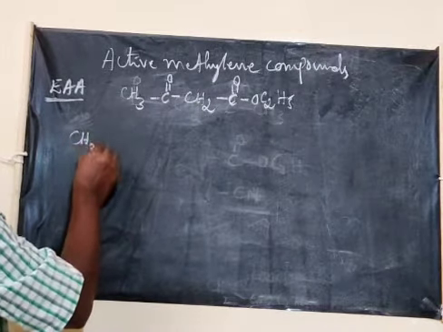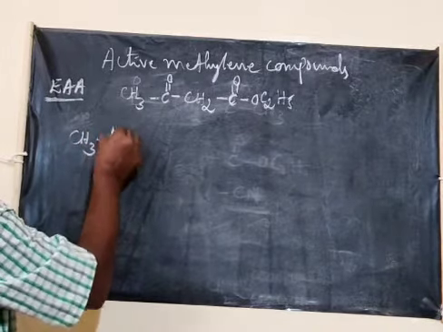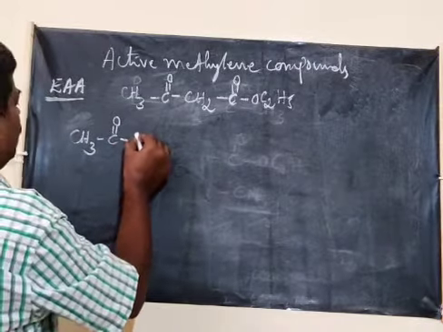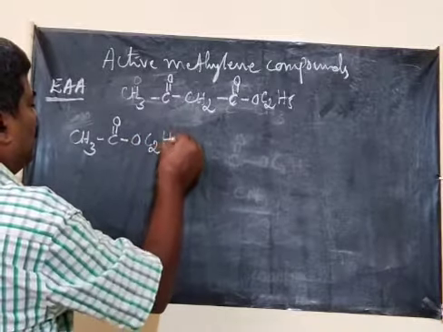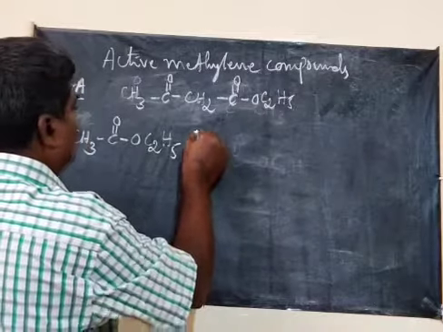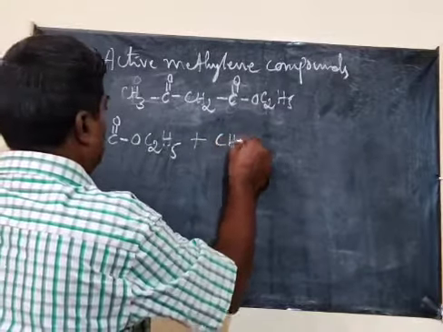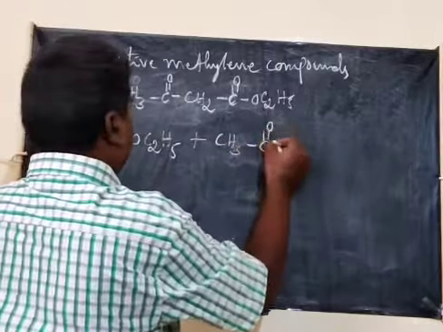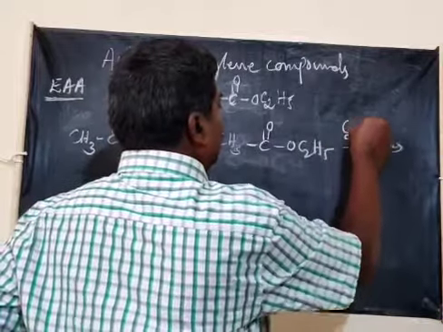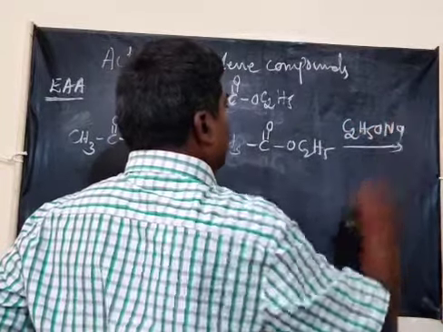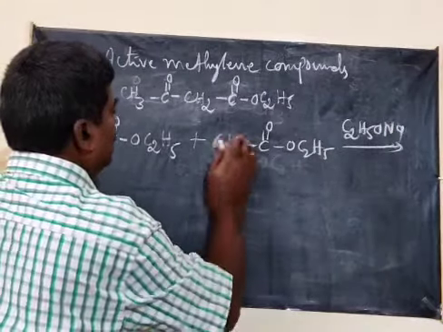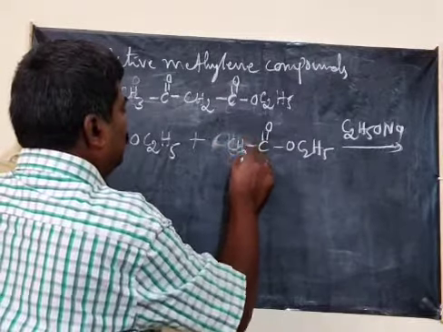The formula of ethyl acetate is CH3, C=O, OC2H5. Two molecules of ethyl acetate are heated with sodium ethoxide, a strong base, C2H5ONa.